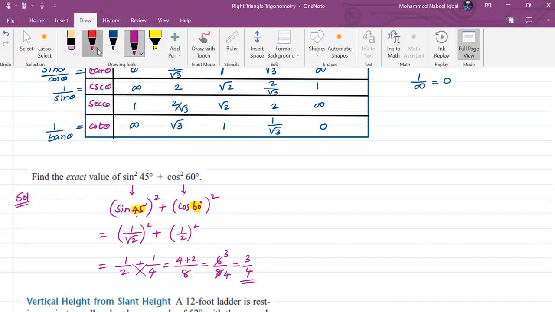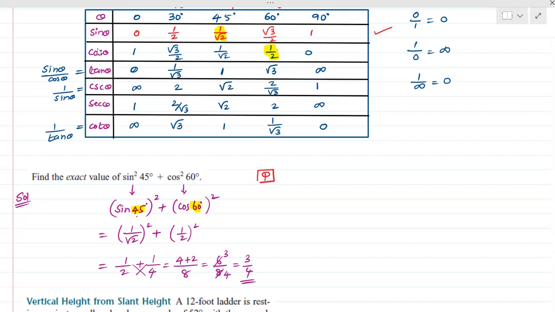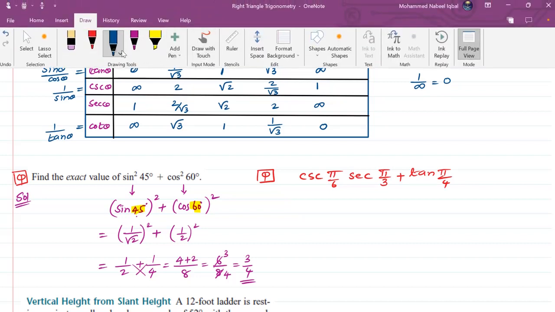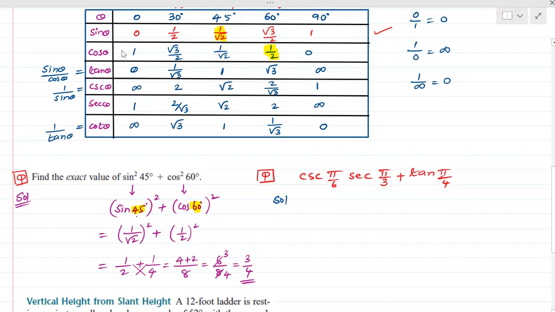Suppose we take one more problem in terms of radians. Find the exact value of cosecant pi over 6, secant pi over 3 plus tan pi over 4. All the angles are given in radians, so I have to convert to degrees first.